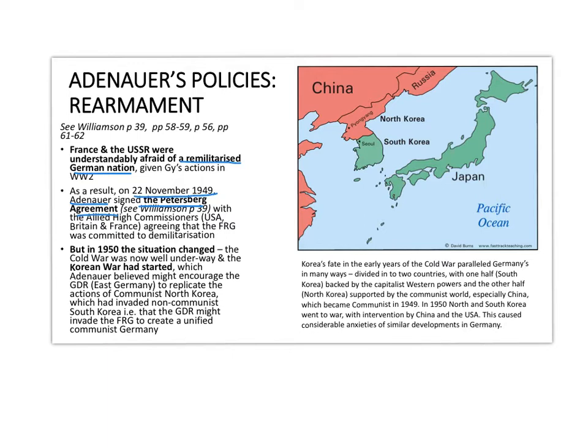Effectively it was agreed that the new West German state would be committed to demilitarization, that West Germany was not going to build up its own army, and that the new state would use its budget to provide welfare to look after its citizens. That was agreed at the Petersburg Agreement of November 1949.